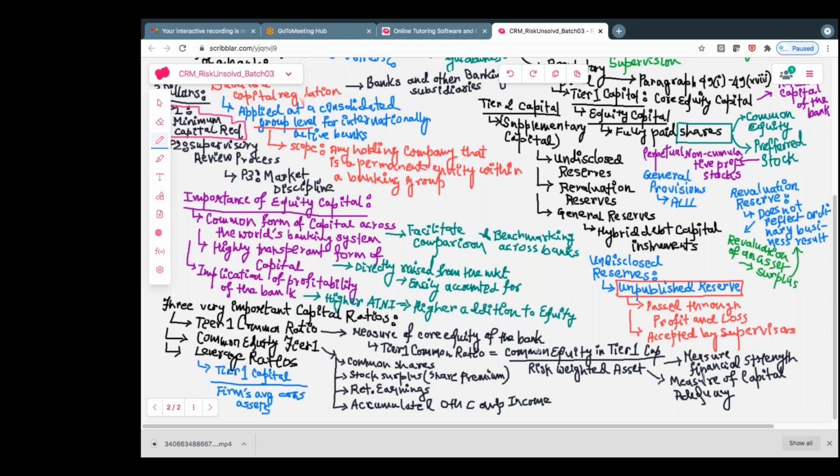So the numerator of this tier 1 common ratio is the common equity tier 1 capital. Okay, got it. So this common equity tier 1 enters as put into tier 1 common ratio. Yeah. And from there, you are calculating the tier 1 common ratio, which is the capital adequacy tier. Got it.